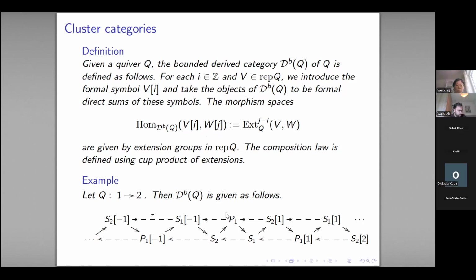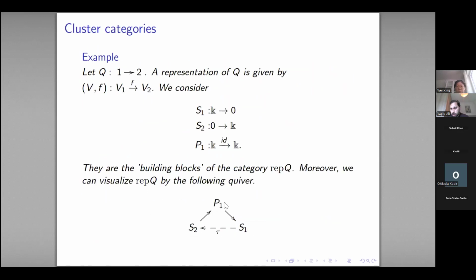So we take the same quiver, 1 goes to 2. And so then the bounded derived category of this quiver can be visualized by the following quiver. So remember, we have seen here that the building blocks of this category of representations consist of 3 objects.